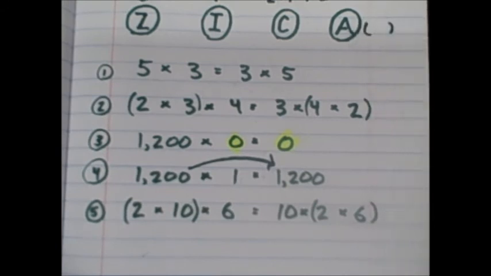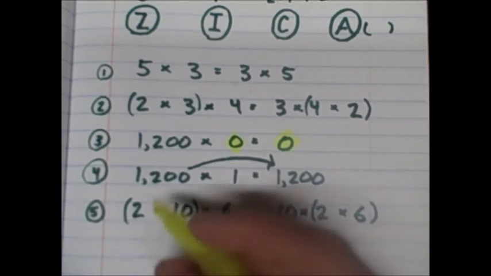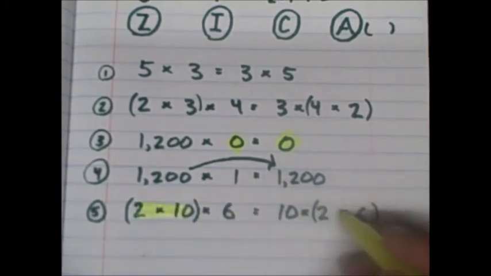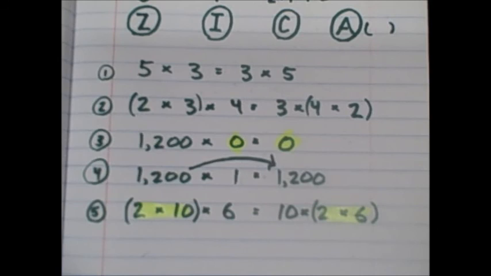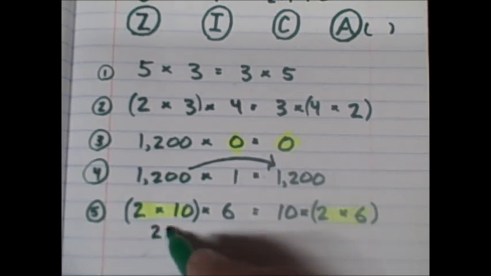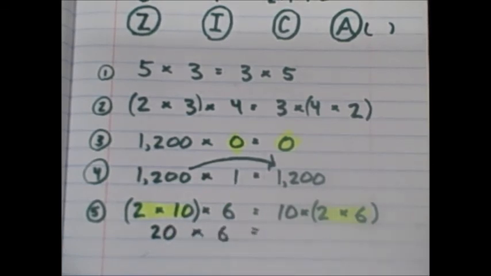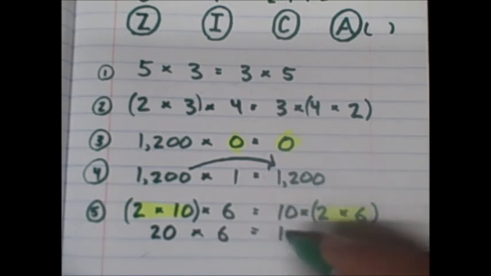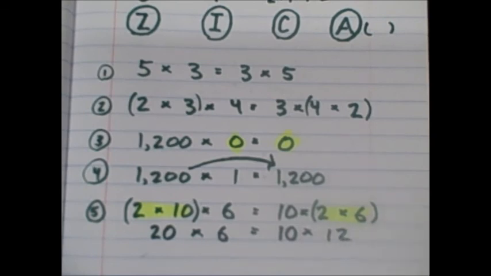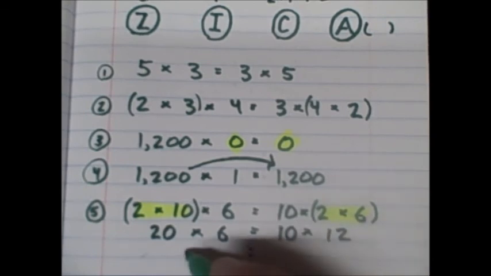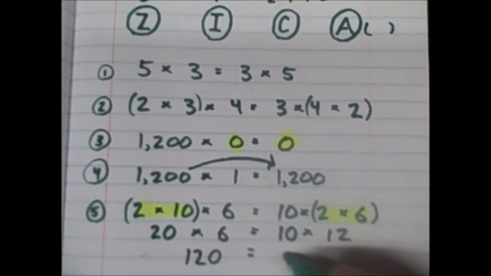And that is an example of the associative property. And on either side, this time I have my parentheses, which tells me to do that first. And if I solve for each side, I've got 20 times 6 equals 10 times 12. And when I do further multiplication, I find that on either side, I have a product of 120, the associative property.